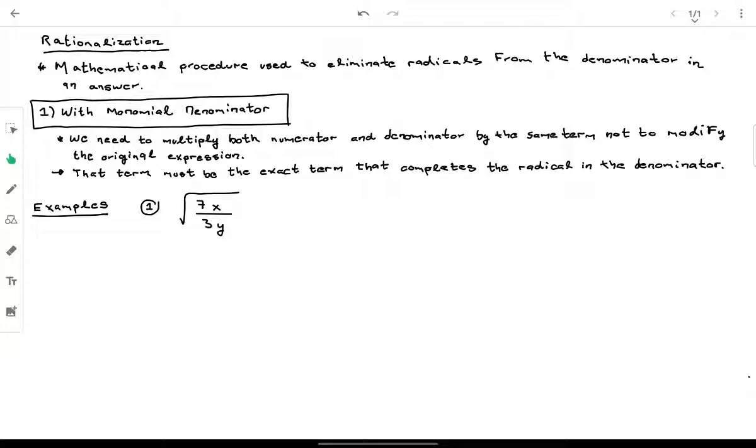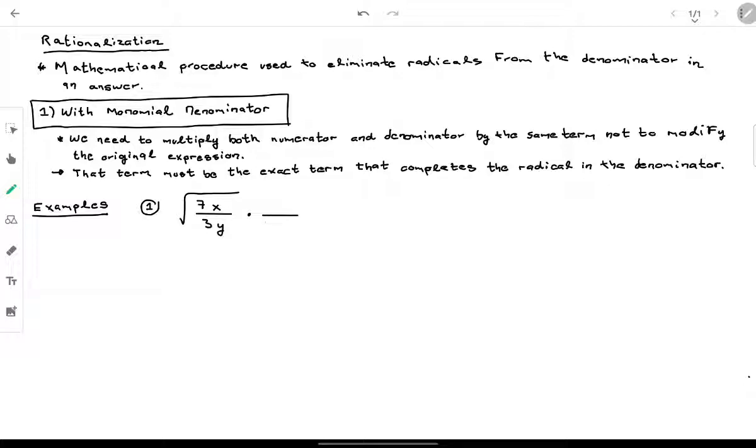In example number 1, it's going to be very easy. We have the square root of 7x divided by the square root of 3y. In this case, we need to eliminate the square root of 3y on the bottom part. We have a square root, and we need to complete the square root. That means, what do we need in order to be able to take out the 3?